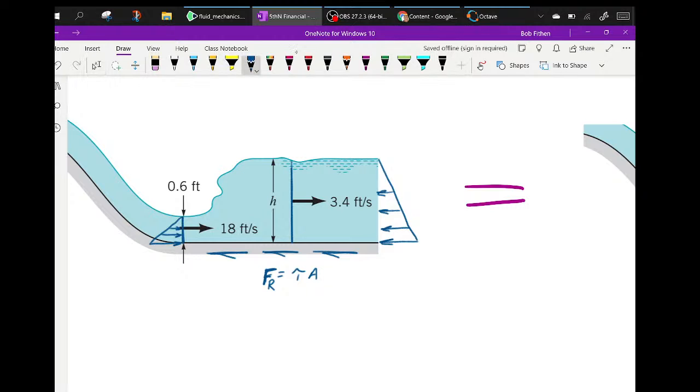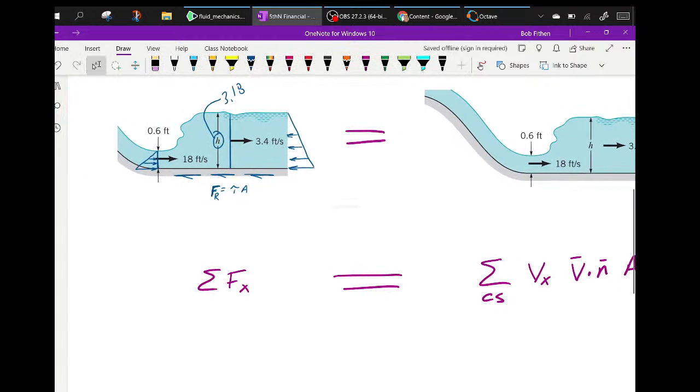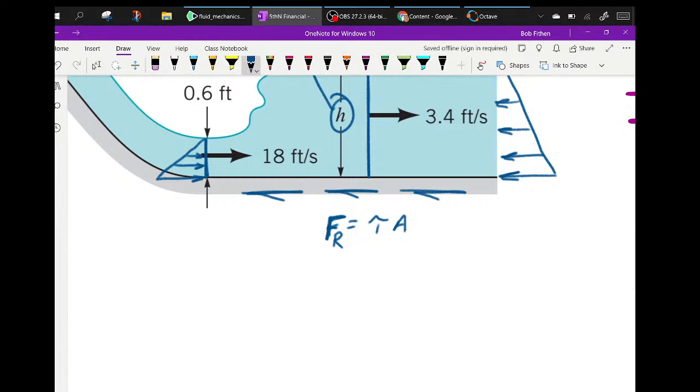From our previous work, we found H was 3.18, so we're going to use that in here. If I look at this on the left-hand side, this force is F equals gamma H bar area, which I'm going to assume to be water. H bar is the distance down to the centroid, which is 0.6 over 2. And the area is 0.6 by 1.